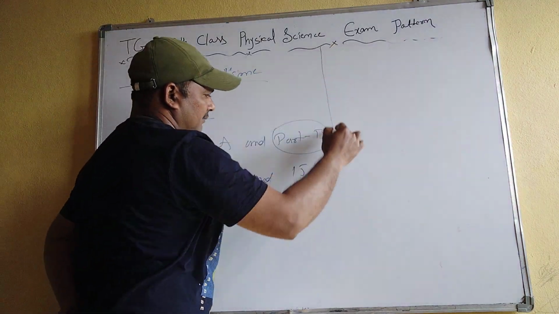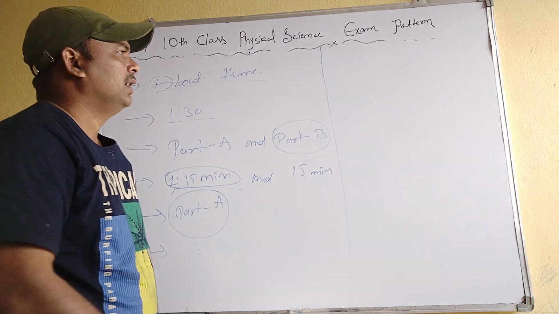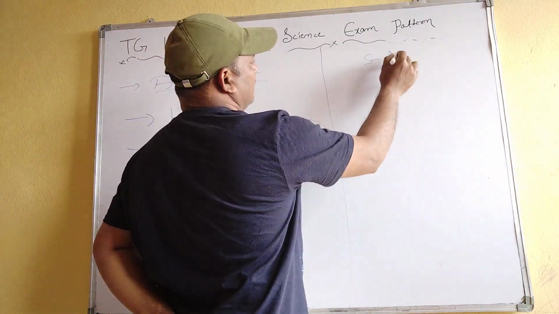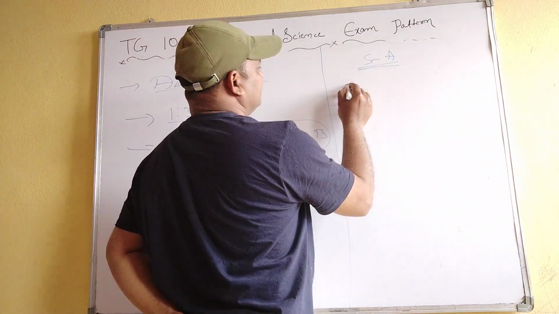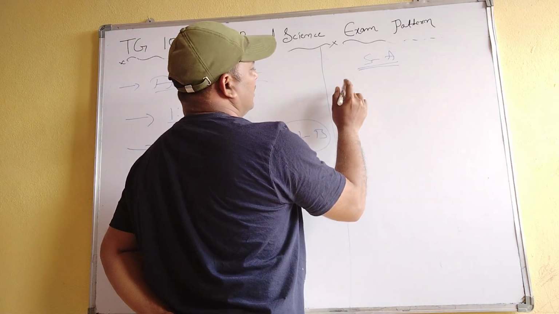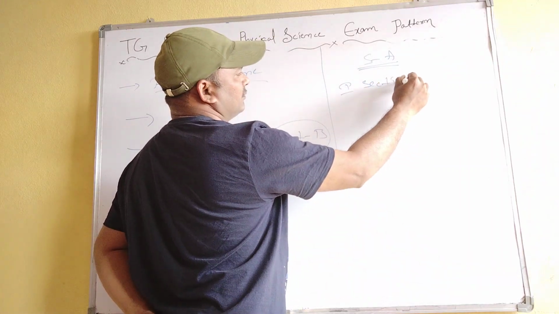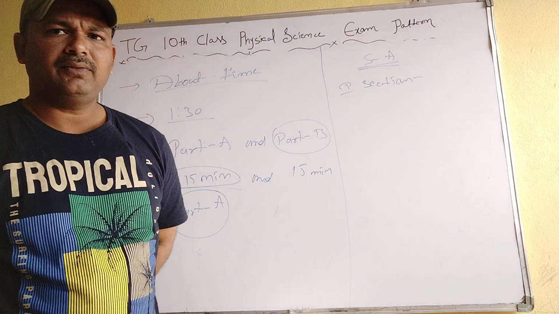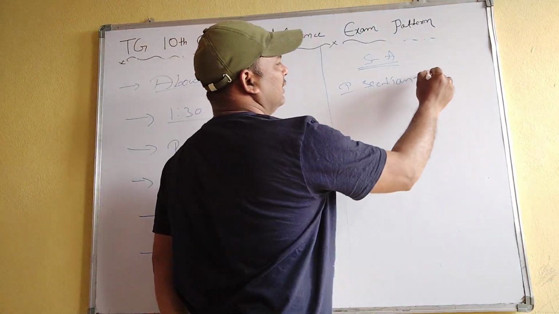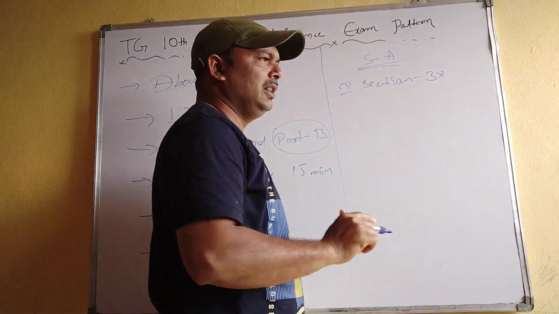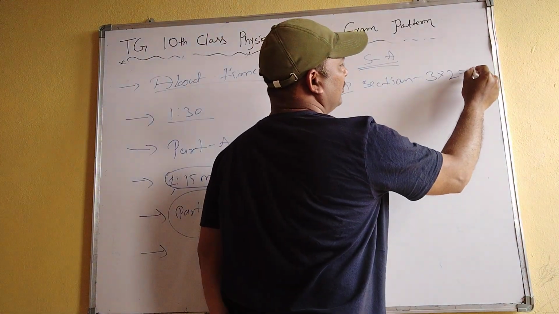Another important thing is the sections in part A. How many sections are in part A? The first section has three questions, and each question has 2 marks.